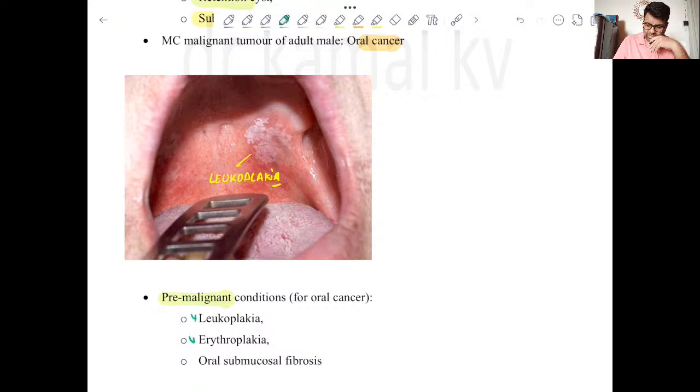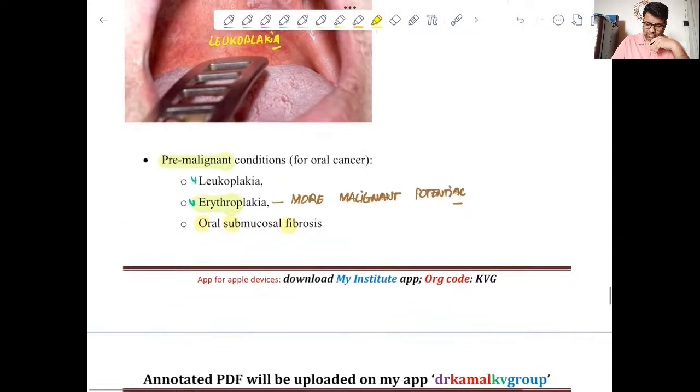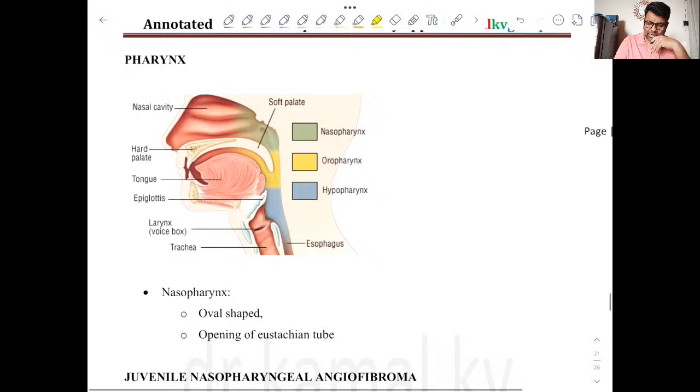Now erythro means red, so it will appear red, and it carries more malignant potential as compared to leukoplakia. So it has more malignant potential. And another condition is oral submucosal fibrosis, which is related to betel nut chewing. Then moving forward to pharynx, again it has three components: nasopharynx, oropharynx, and hypopharynx.